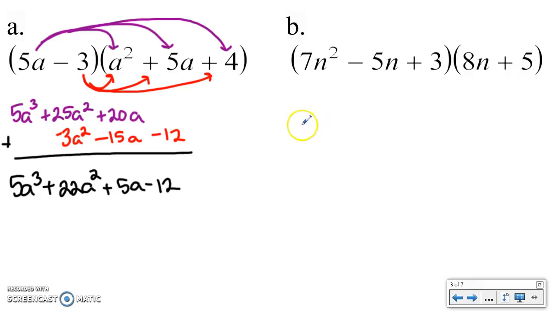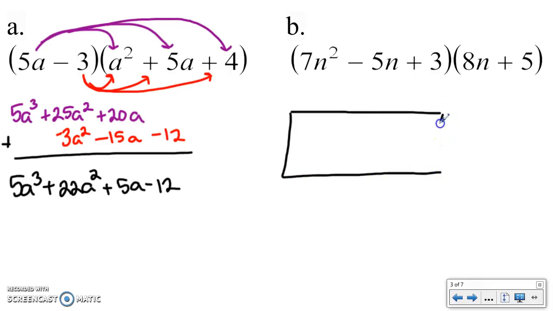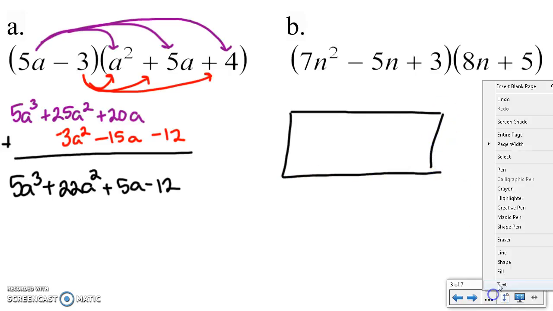For the second problem here, I'm going to go ahead and set up a box. And when you do either of these, it does not matter if you have 2 going across or up and down. Okay, I'm going to go ahead and make it like this. Let me try that again.